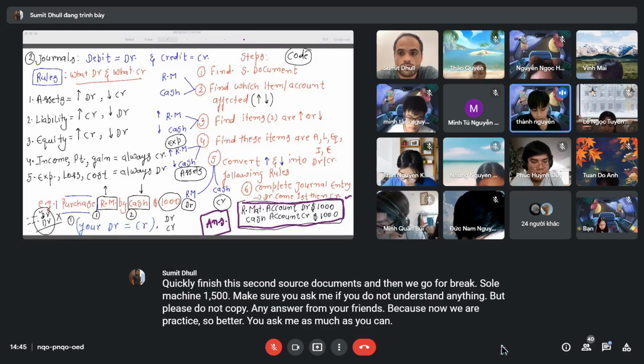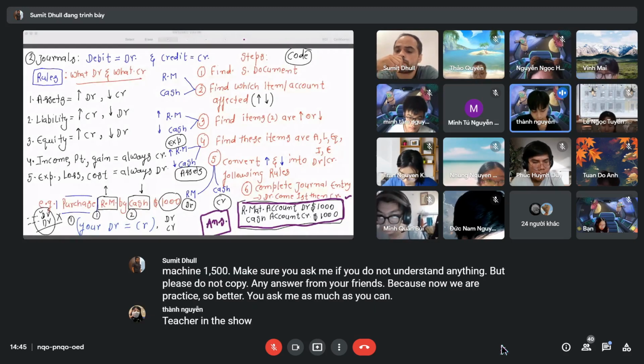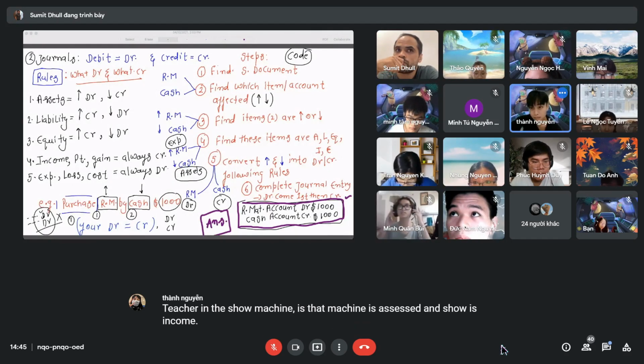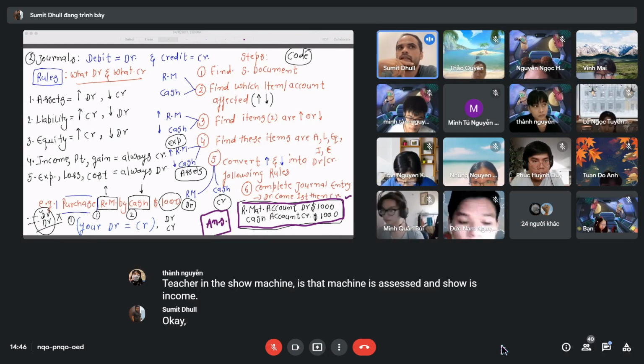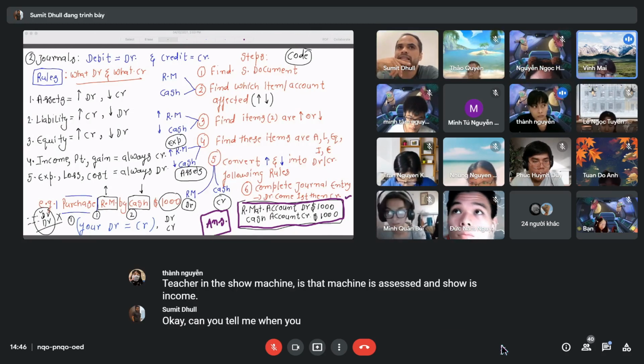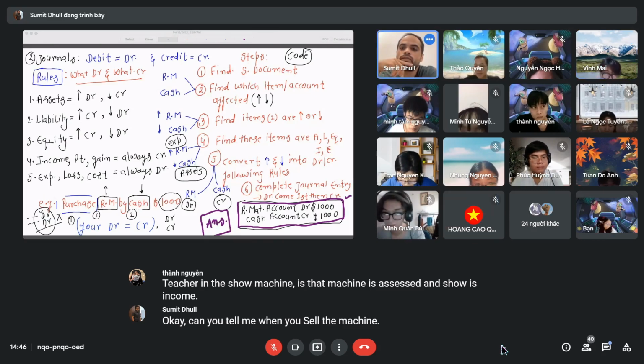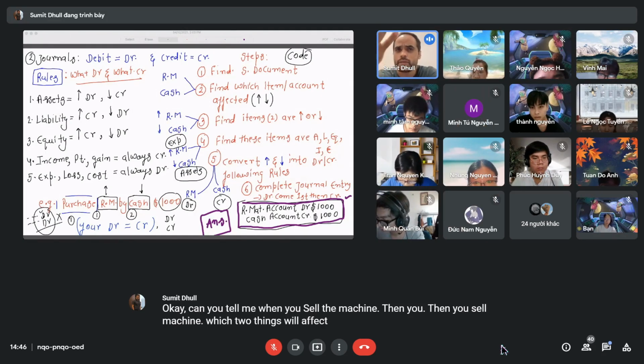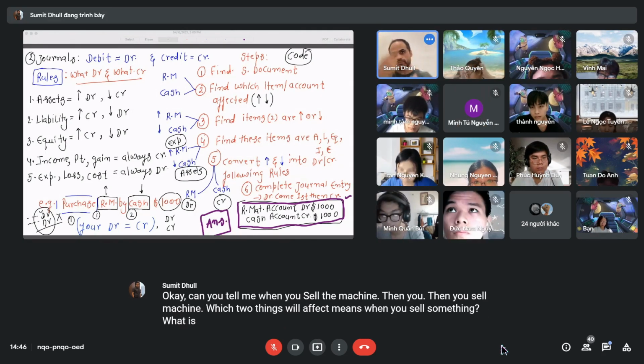Teacher, in the sold machine, is the machine an asset and sold is income? Okay, can you tell me, when you sell a machine, which two things will be affected? When you sell something, what is give and take?